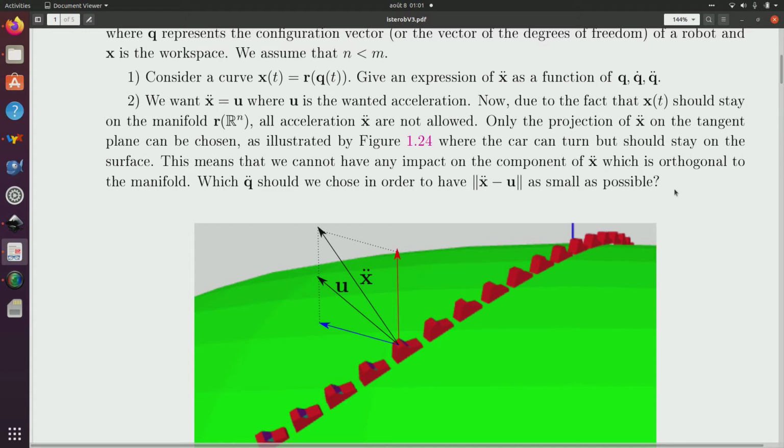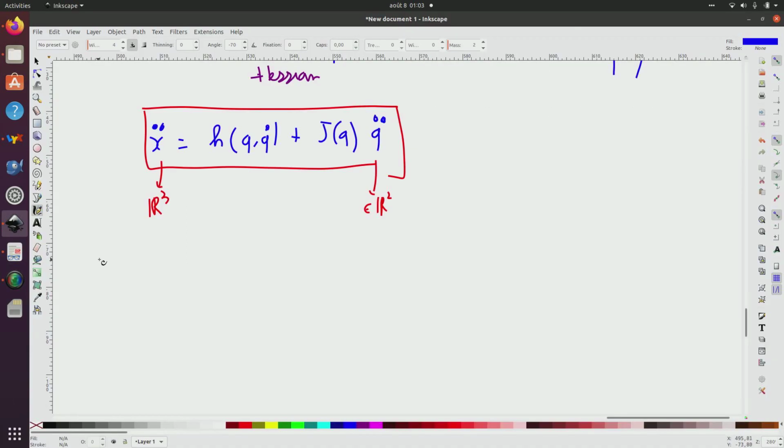So it is what is explained here. So what I can do in general is to find the acceleration in the configuration space, so that the x dot dot is as near to u as possible. So it means that the norm of the difference between x dot dot and u be as small as possible. Question number 2.